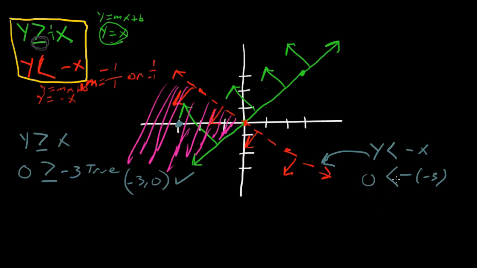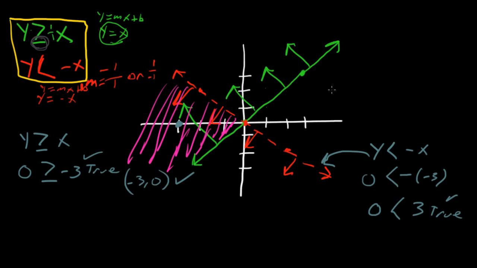Now simplify: that's like a -1 times -3, or a +3. Is 0 less than 3? Well, that is also true, and it works. This point checks out, both true, and that looks good.